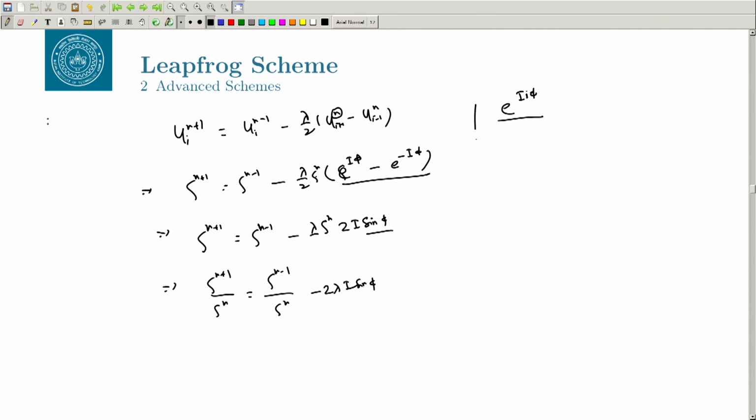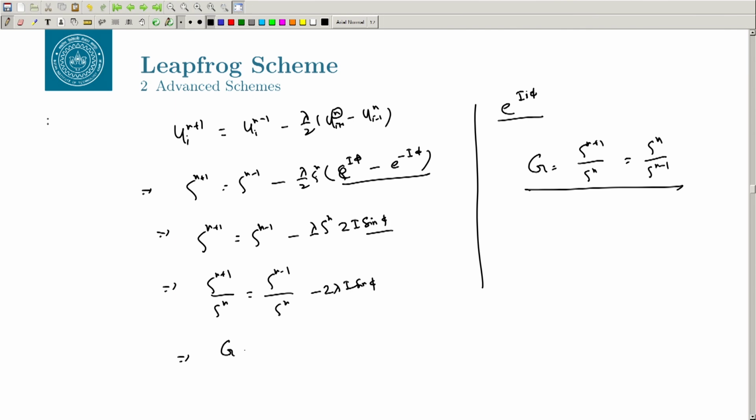Now, recall the definition of the amplification factor. So, g is basically g to the power n plus 1 by g to the power n. That means the amplification factor should also be equal to g to the power n by g to the power n minus 1, right. So, you can use this definition here.